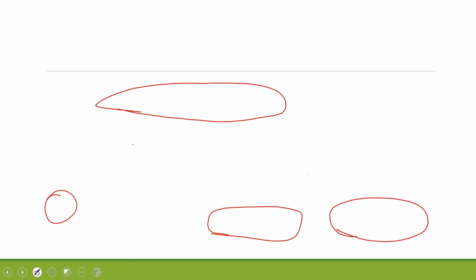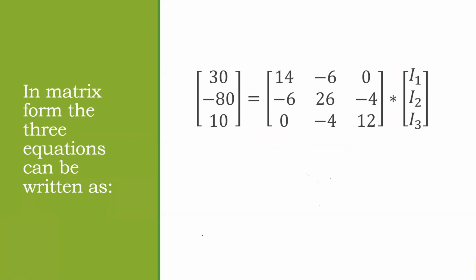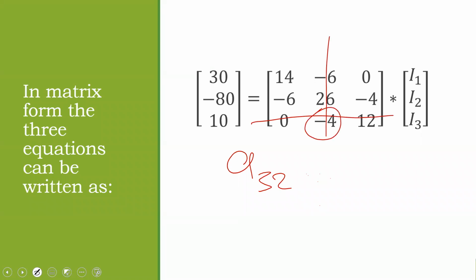The element between mesh 2 and 3 is 4. If we go back to our matrix, the element between mesh 2 and 3, A3,2, row 3, column 2, will be 4. But the element between 3 and 2 must also be the element between 2 and 3, so row 2, column 3 is again 4.